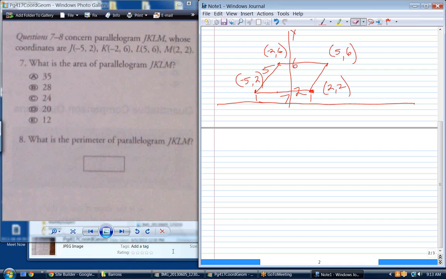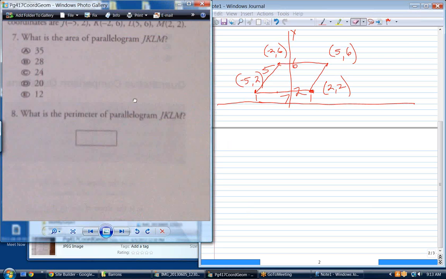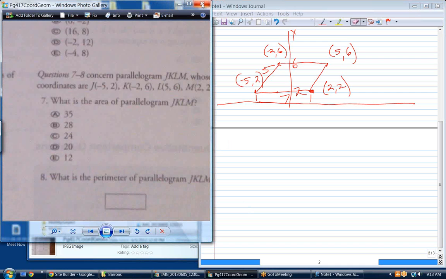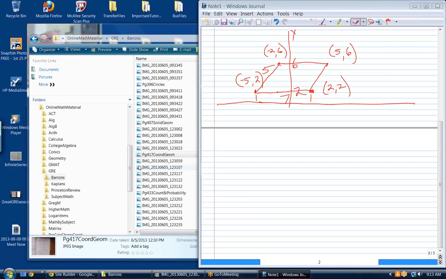Okay. Aren't the two sides 5 and 5 and then the top and the bottom 7 and 7? Yeah, what answer did you get? I said 24. Oh, excuse me, you're absolutely right. I don't know where I was getting my answer from. In my head, it was not 24. I apologize. Okay, let's go to the next page.